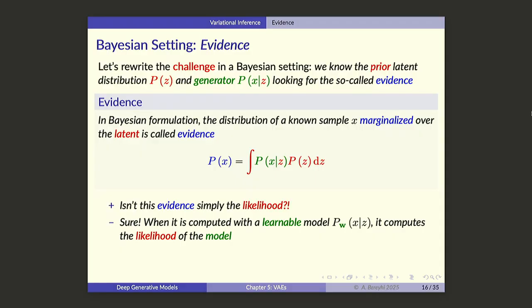So theoretically, evidence is the probability at the point, and likelihood is the function of the model. But at the end of the day, they are both the same thing in our particular application. So simple: we have a latent, we have the generator, we want to compute the likelihood, and we want to find a way to do that.